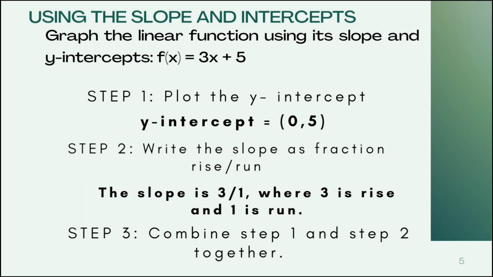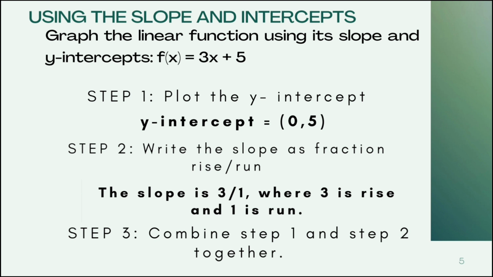Next is graphing the linear equation using the slope and intercept. Using the same equation f of x equals 3x plus 5, find the slope and intercept. Step 1. Plot the y-intercept. From the previous solution we solved for the y-intercept; in this step, we will use (0, 5). Step 2. Write the slope as a fraction, rise over run.